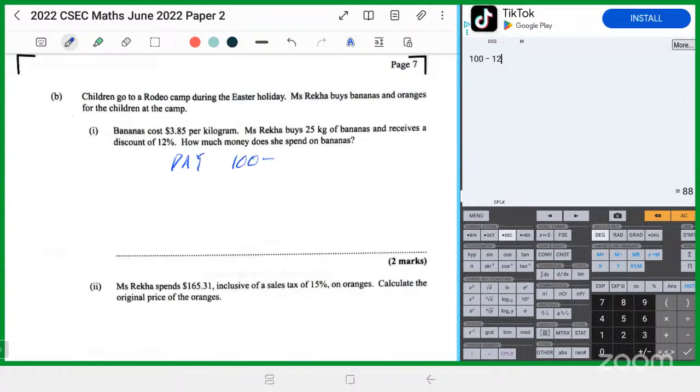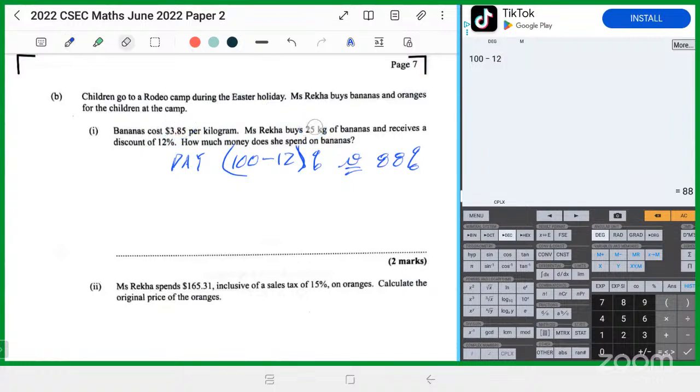And the amount she's supposed to pay is the amount per kilogram times the 25 kilograms. That's the amount she originally has to pay, but she's paying 88% of that.